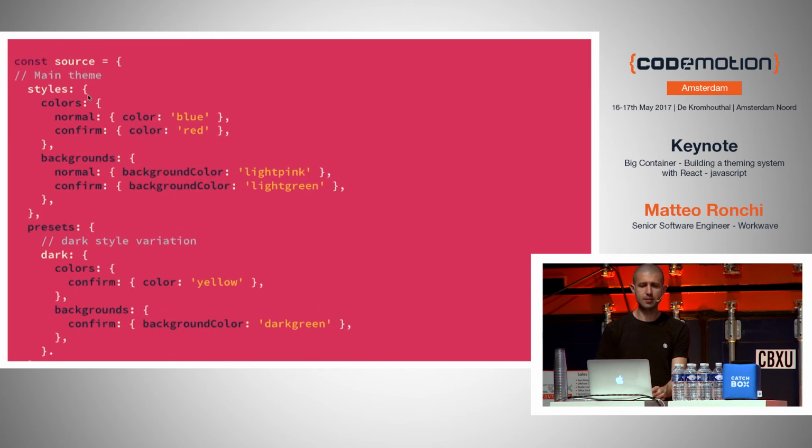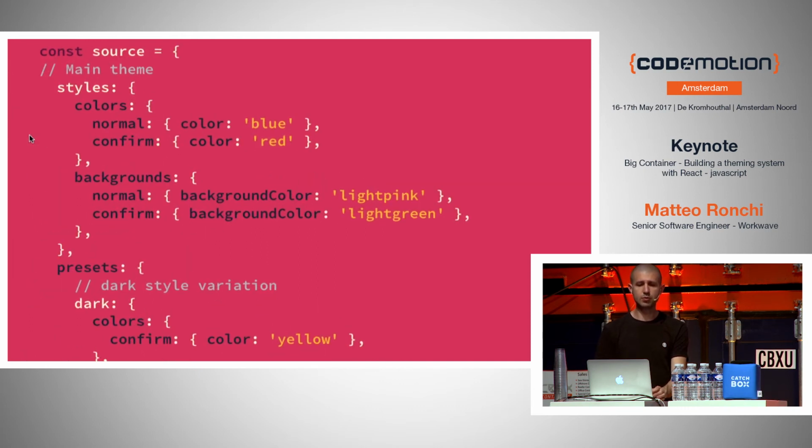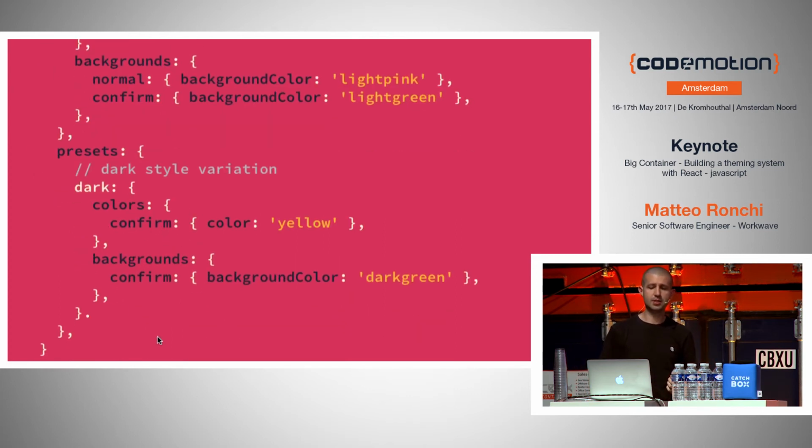And this is the same example, but using the atomic CSS approach. So we have a color category with normal and confirm, and a background category with normal and confirm. And in the dark theme, we just override the confirm semantic naming. So we don't want to change the normal state, but the confirm button or action will be different.